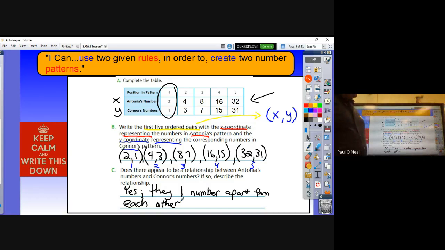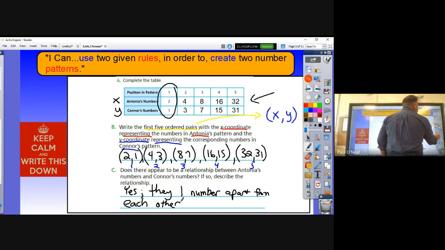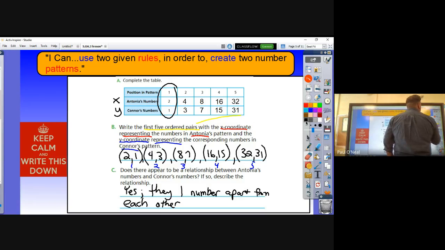So if Mr. O'Neill wanted to ask you a question, which you very well could see on a test, let's say the position is number 7. Would you be able to figure out Antonia's numbers and Connor's numbers if we wanted you to find, let me erase this so you can see, if we wanted to find out 6 and 7?